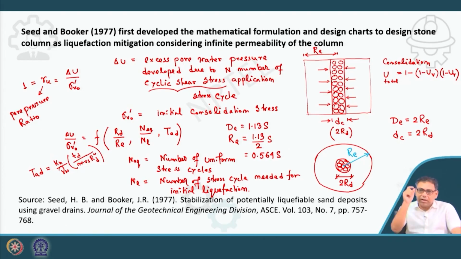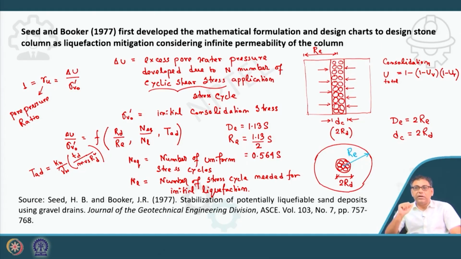Whatever water touches the boundary between the column and the soil will vanish. There will be no water pressure inside the column, because there is huge permeability, so it will be 0. So if you consider that assumption, the boundary condition between the column and the soil will be that water pressure will be 0, del u value equal to 0.